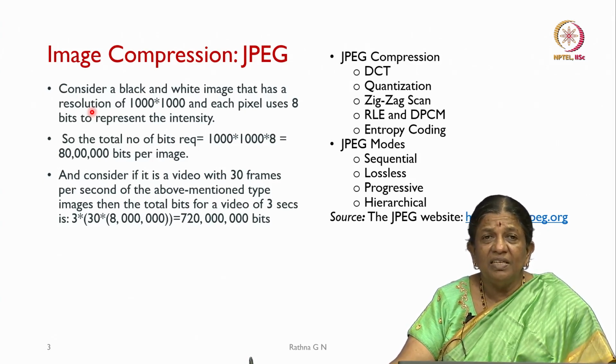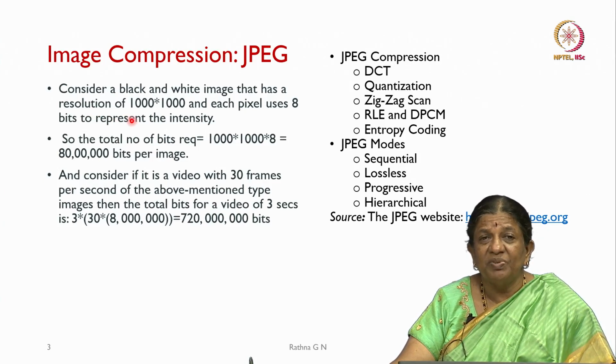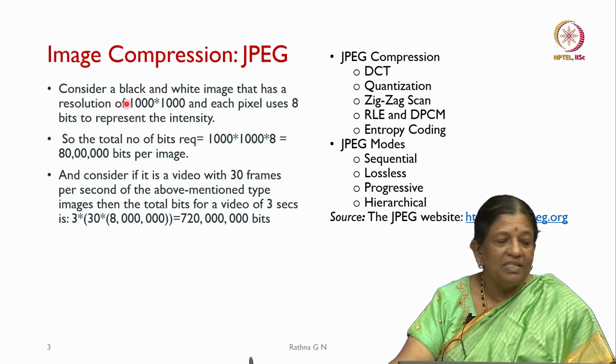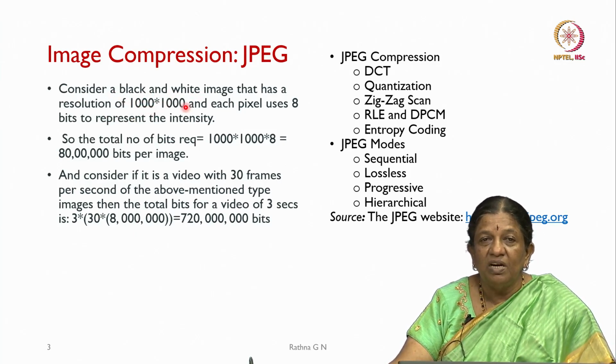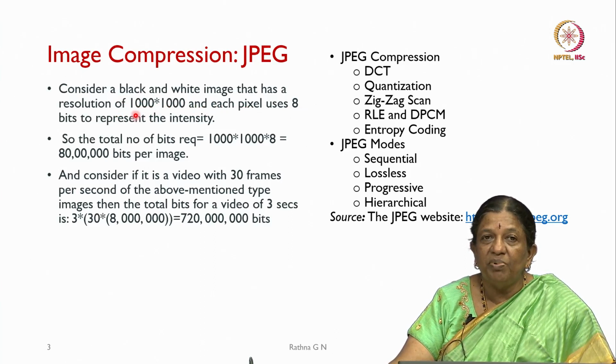To see how the number of bits increases, consider a black and white image. Say the size of the image is 1000 by 1000, and each pixel is represented with 8 bits.